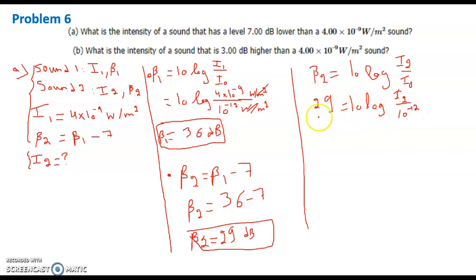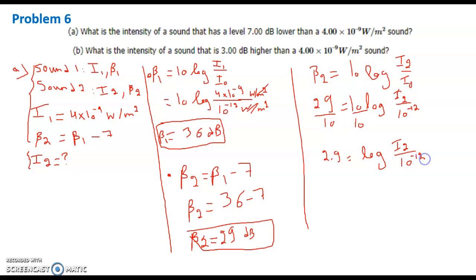Alright, now divide by 10 both sides of the equation. We get 2.9 is equal to log I2 over 10 power minus 12.